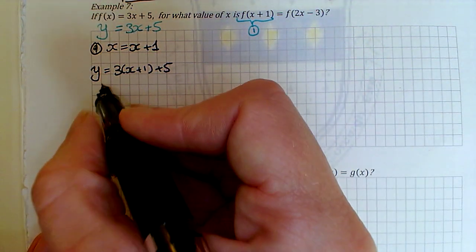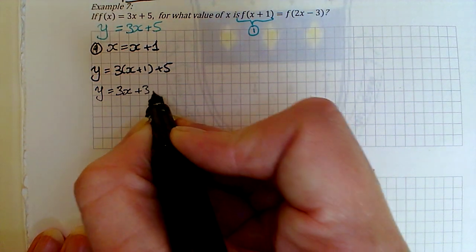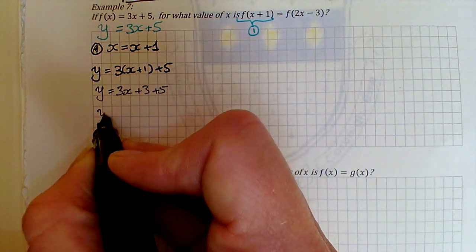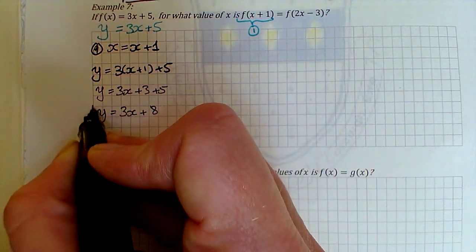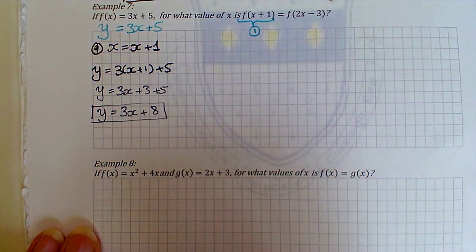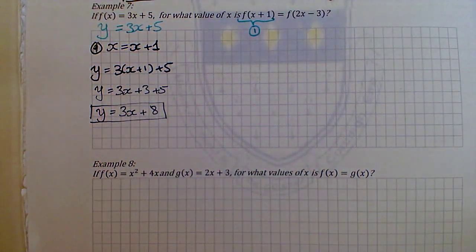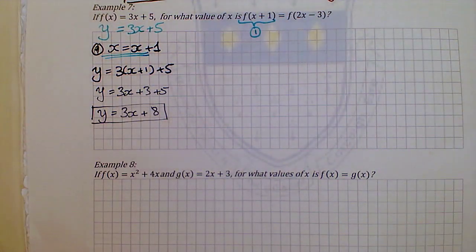So y will be 3x plus 3 plus 5. That's 3x plus 8. You can do this all in one step. I'm just laying it out like this so you can see where it's coming from. So if you want to just do this in one long row, if you understand what's happening, that's fine to do as well.